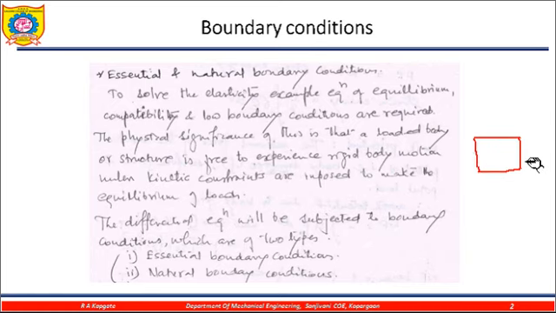Now it is free to move in this direction, or this direction, or this direction, or in this direction. So this is free to move in any direction. That is called a rigid body motion.